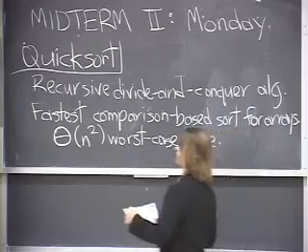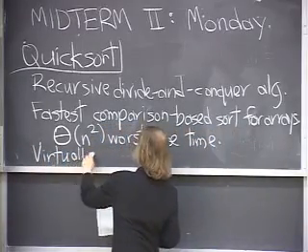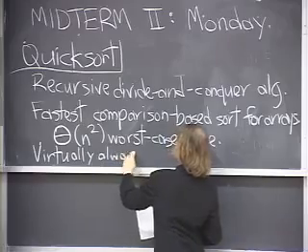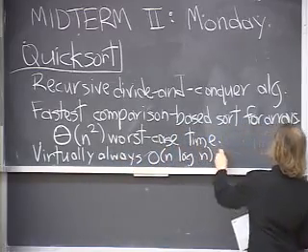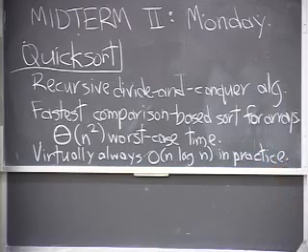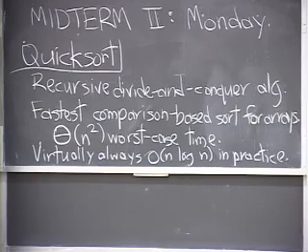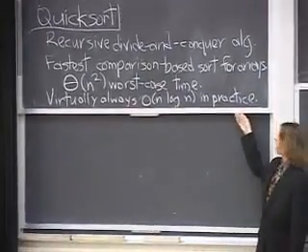Instead, in practice it virtually always runs in n log n time, with a smaller constant hidden in the big O notation than for merge sort or for heap sort. Though again, this is if you implement it right. There are lots of ways to implement it wrong.